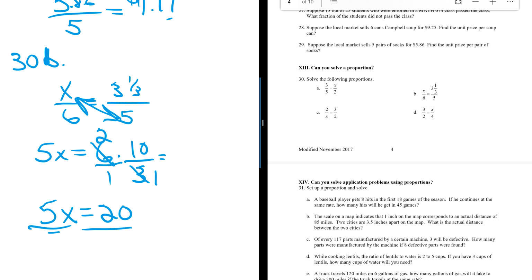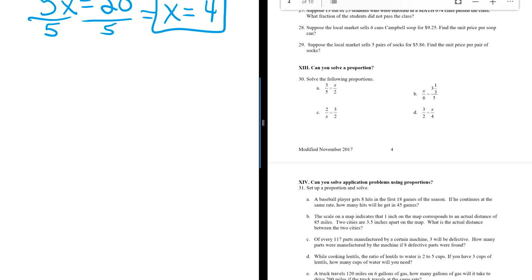Divide both sides by 5. And x equals 4. Quite fascinating. You can always plug in to see if you're correct. Okay, that was proportion, number 30.